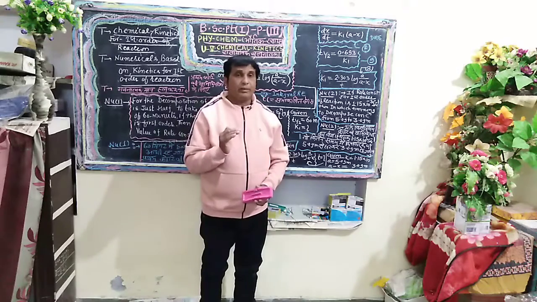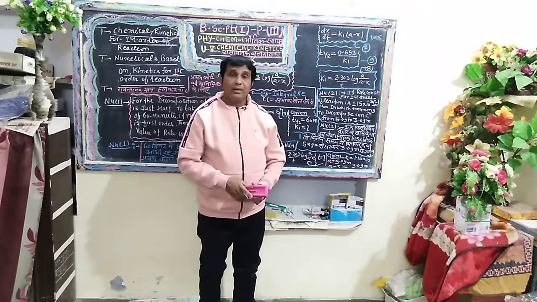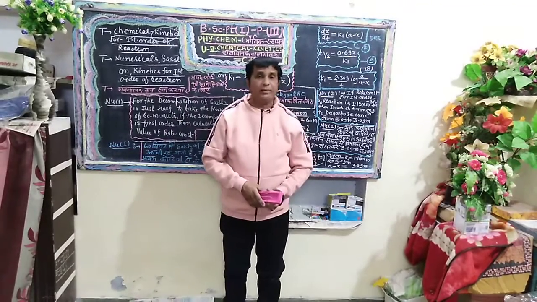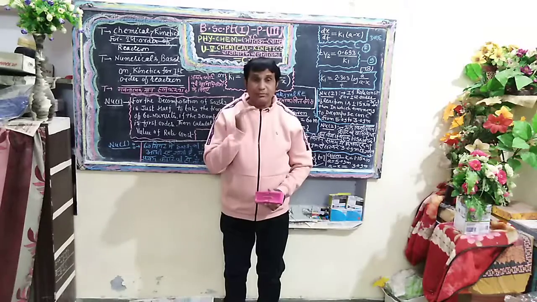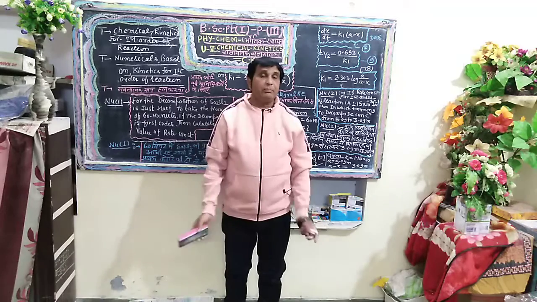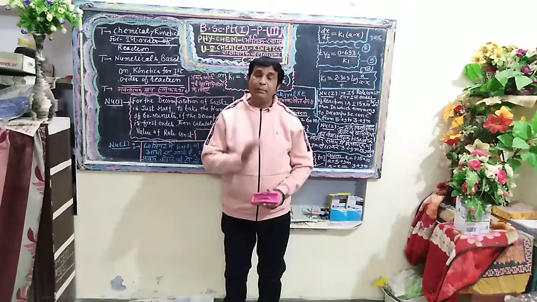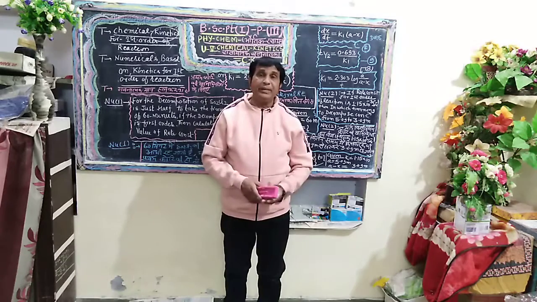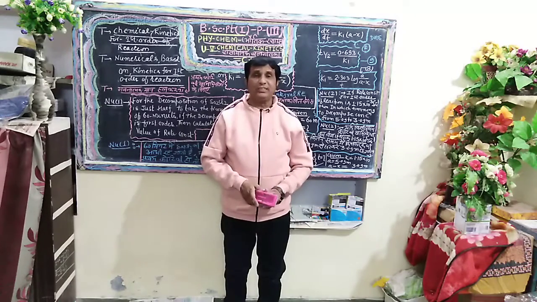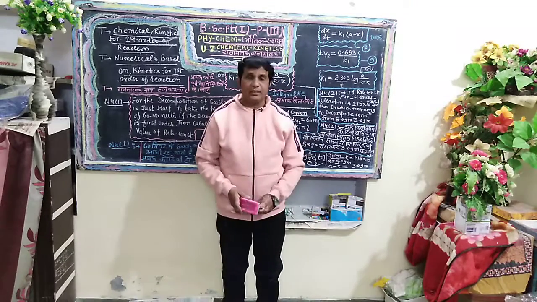Students of BSc Part 1, I am going to draw your immediate notice to an important term, as in various competitive examinations as well as in your examination it is asked: what is the quantitative relationship between half-life period and initial concentration? What is the relation between half-life period t half and initial concentration?